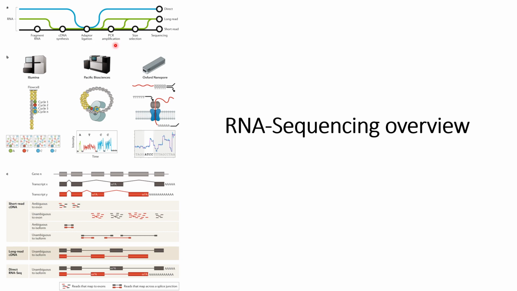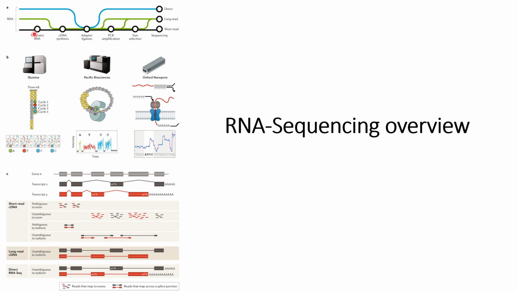After that, amplification of the cDNA occurs, and then the size of the base pairs that needs to be read is determined, whether it is short read RNAs or long read RNAs, and then sequencing is carried out.